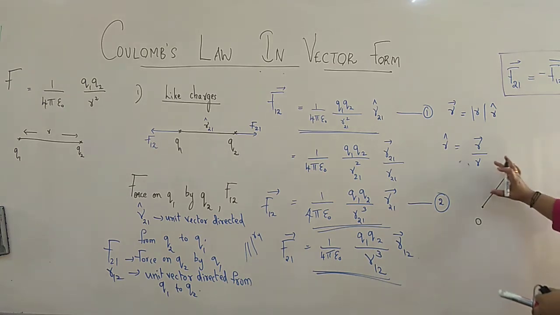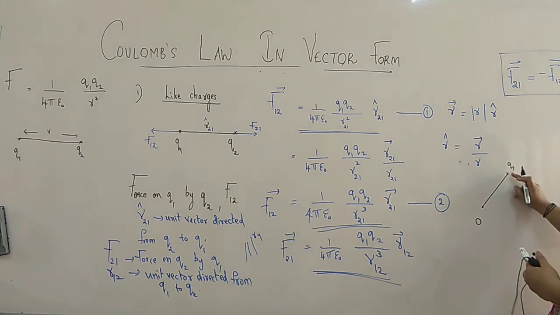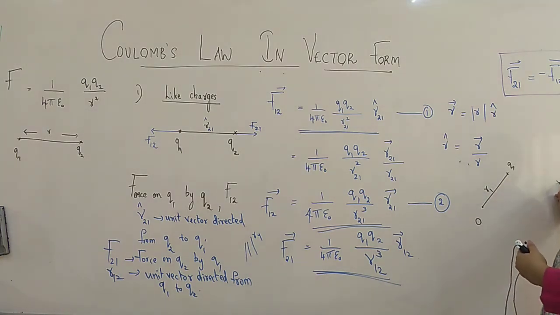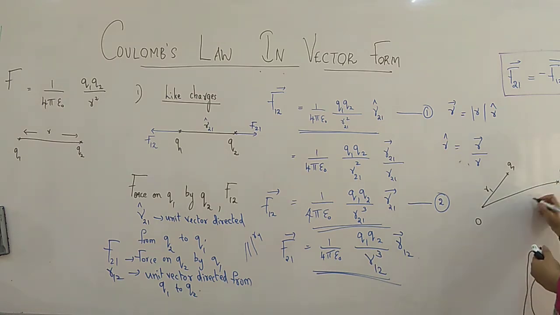From the origin, I am drawing the position, denoting it by a position vector. So the position of Q1 with respect to the origin is R1, and the position of Q2 with respect to the origin is R2. So we have clearly denoted the position vectors of Q1 and Q2.